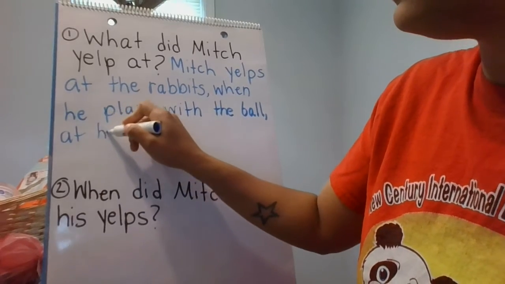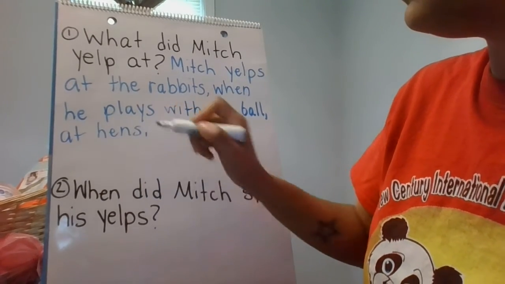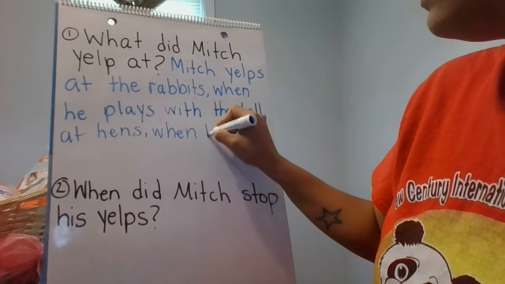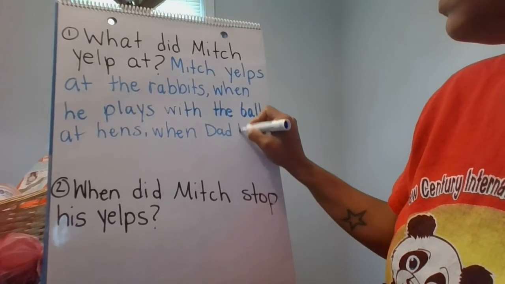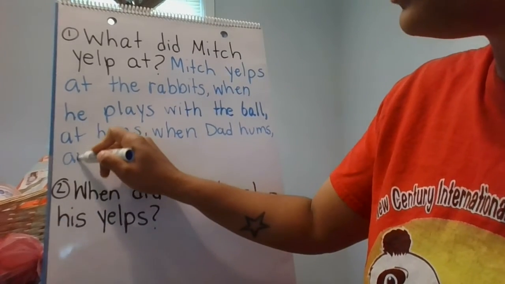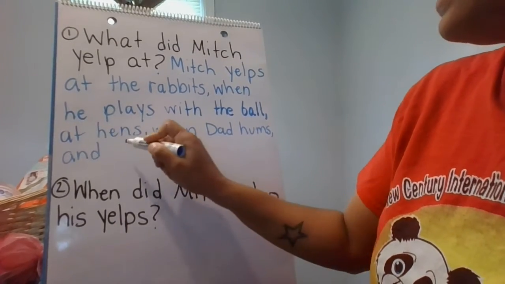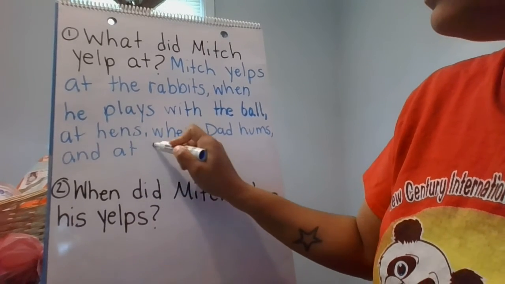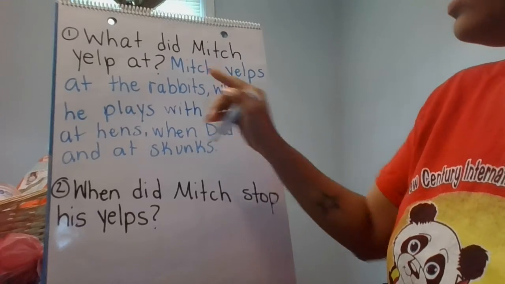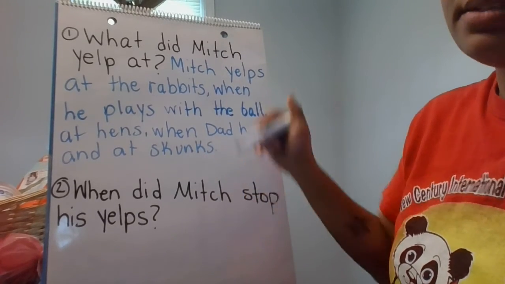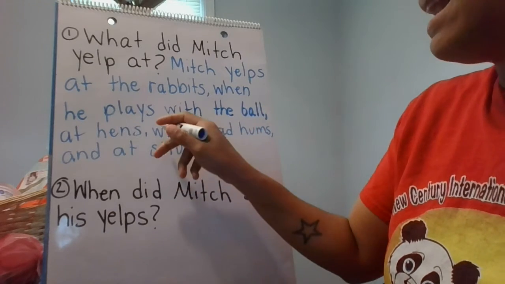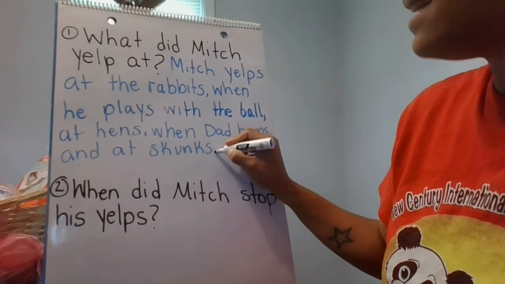At hens, it also said when dad hums. And I'm going to add one more, and that should be the 5th. And at skunks. I'm going to go back and read it to make sure it makes sense. Mitch yelps at the rabbits when he plays with the ball, at hens, when dad hums, and at skunks.